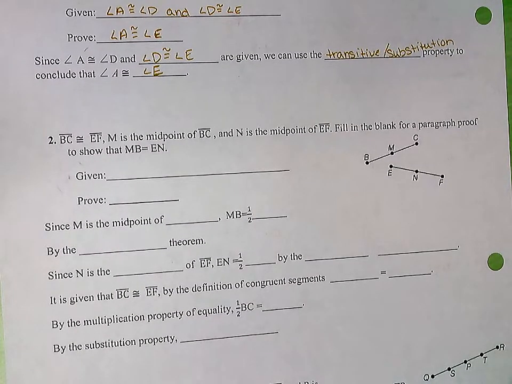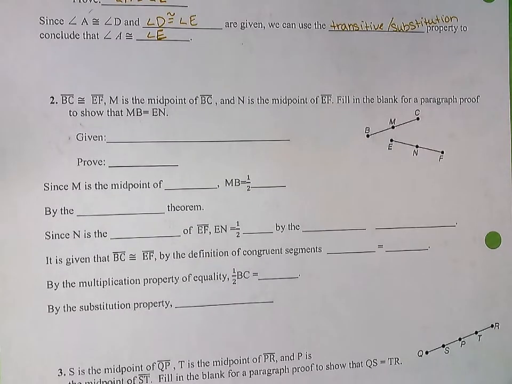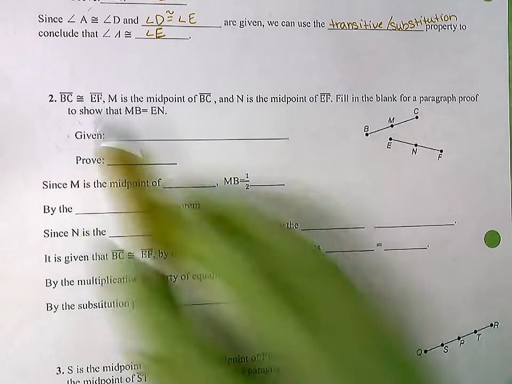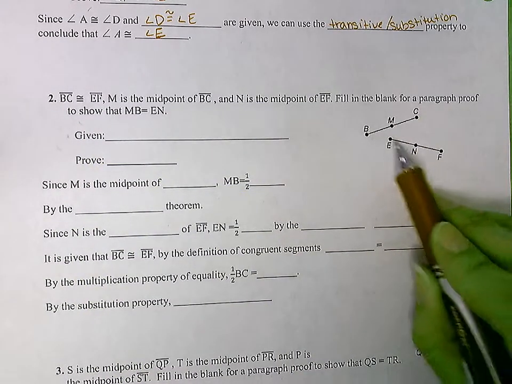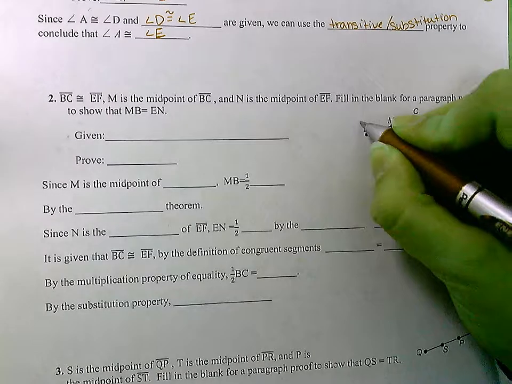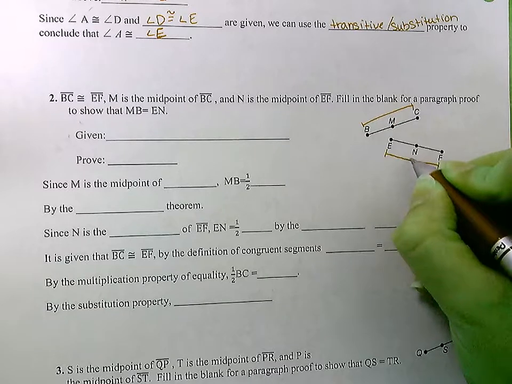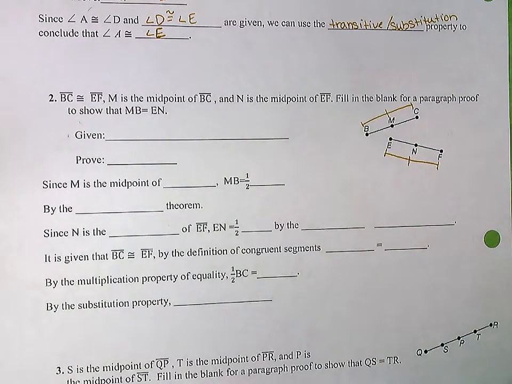All right, so number 2 is similar to the first example that we did. So we have segment BC congruent to segment EF. I'm going to label this right away here. Those two segments are congruent.